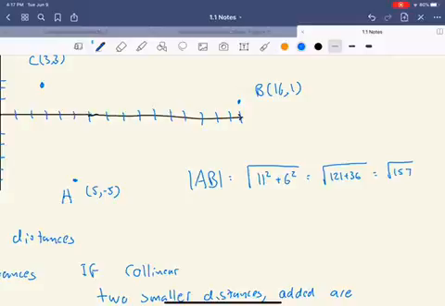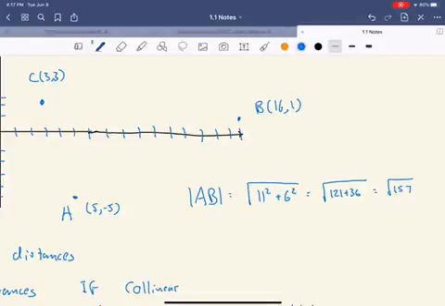Okay, let's take a look at AC. Again, what's the difference between 5 and 3? On the number line, those are just 2 apart. So the first term becomes 2 squared plus, now, negative 5 and 3.